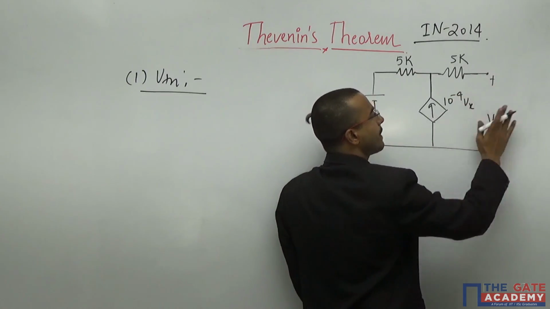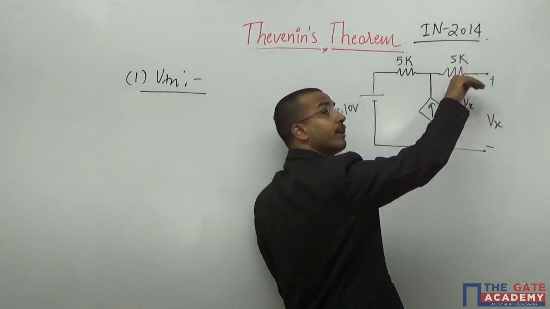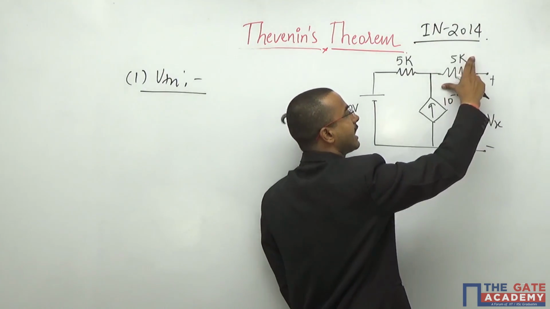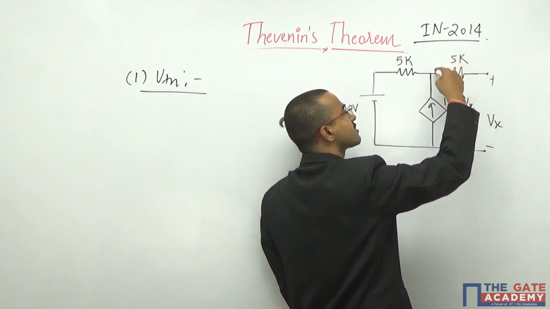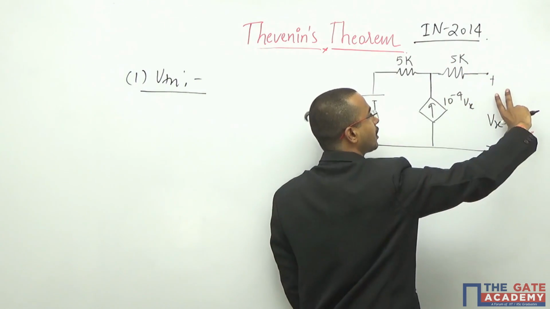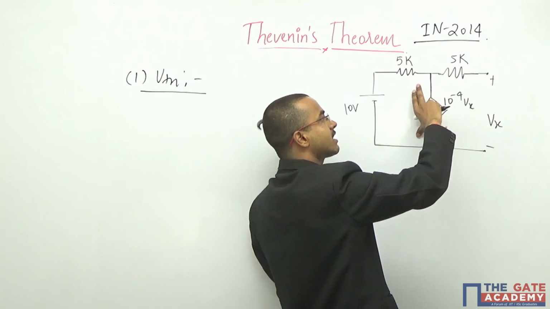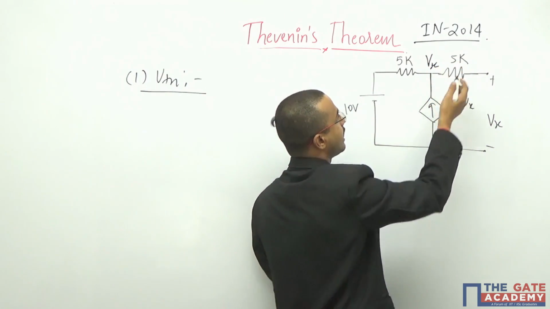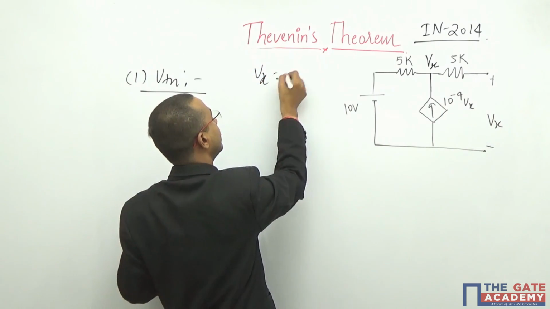As you know, it is open from here, that means no current will flow in this direction. If no current is flowing, it is a dead element for me, that means no voltage drop will be here. Whatever potential you have here, the exact potential you will get here. That means here my voltage is Vx, and here Vx is my VTH.